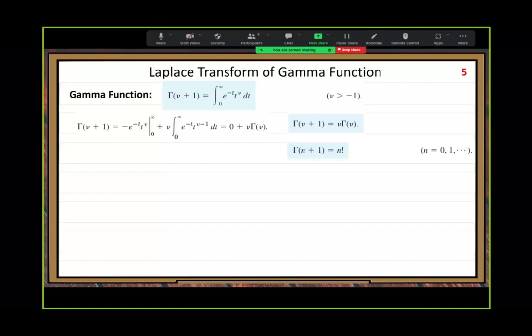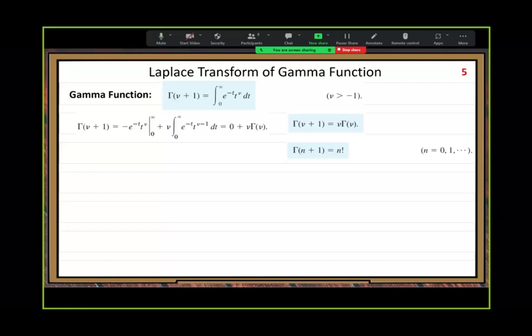Because for factorial, you can only define it on non-negative integers. You can define 0, 1, 2. But you cannot define factorial for negative integers, right? Do you know what 0 factorial is? Any of you know that? It's 1. You all know 1, right? Very good. Not 0. Don't say 0. It's 1.